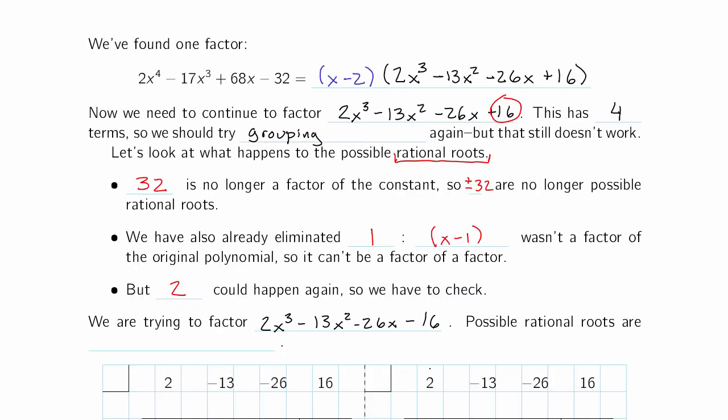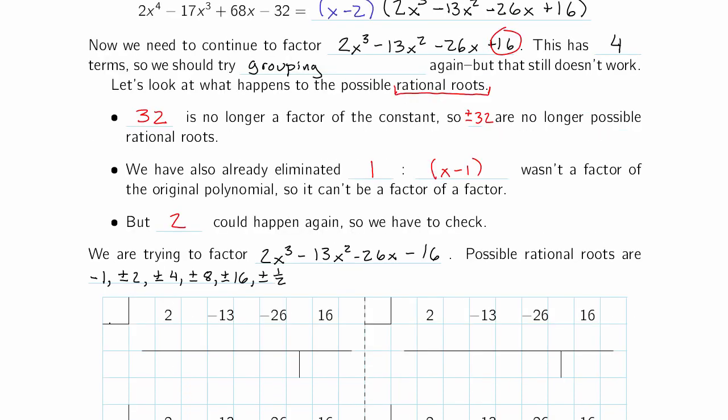The possible rational roots are, referring back to the previous page but eliminating what we eliminated, negative 1, but not positive 1, plus or minus 2, plus or minus 4, plus or minus 8, plus or minus 16, no longer 32, and plus or minus 1/2. We've still got that one there. Okay, so what should we try next?